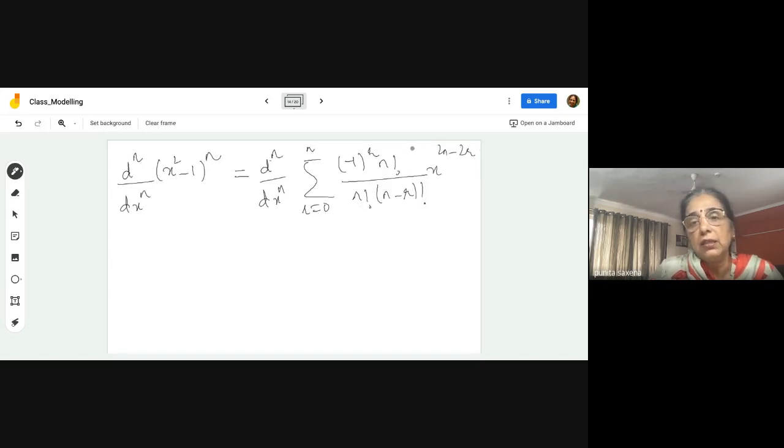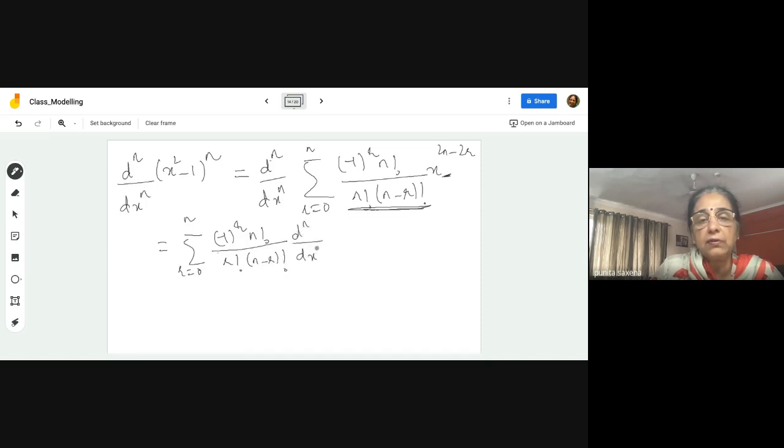Now see, this term is constant. The only term containing x is this. So basically this will be summation r from 0 to n, minus 1 to the power r, n factorial upon r factorial into n minus r factorial, into the nth derivative of x to the power 2n minus 2r. Right or wrong?